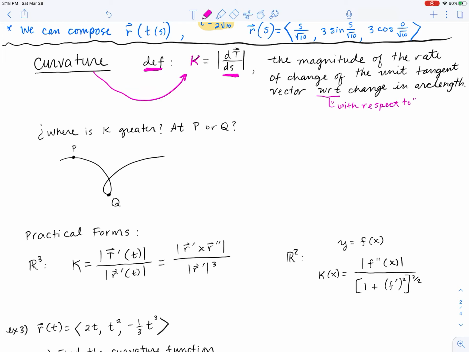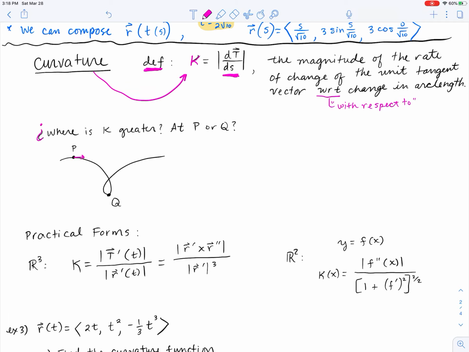So let me take a moment to look at this curve and answer intuitively: where is the curvature greater, at P or at Q?